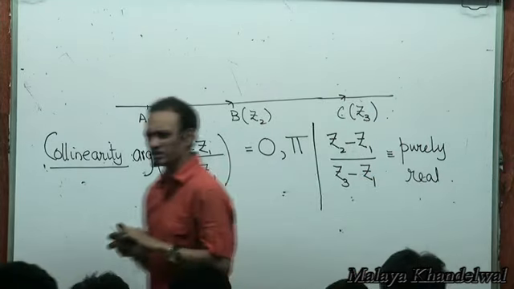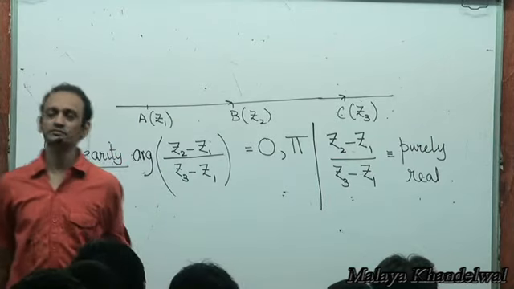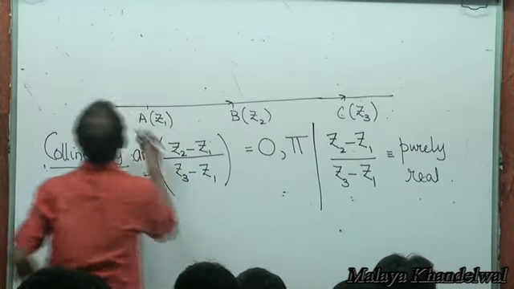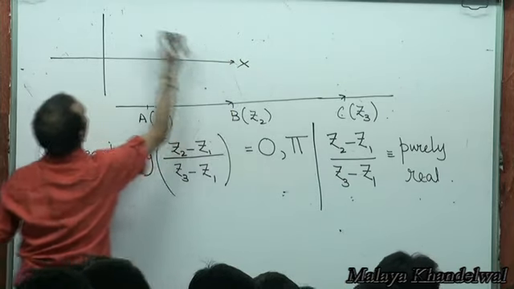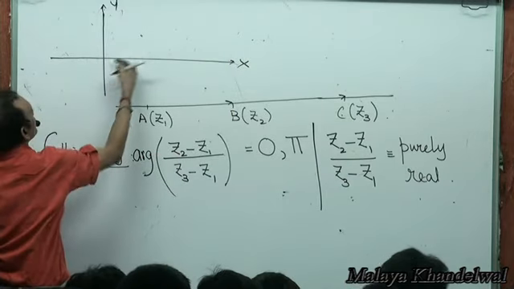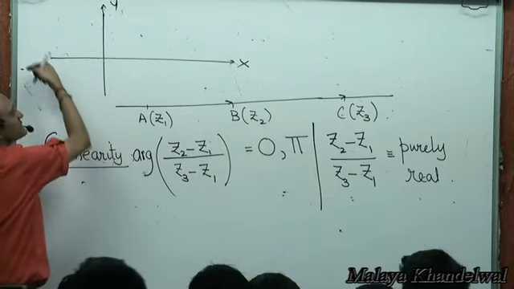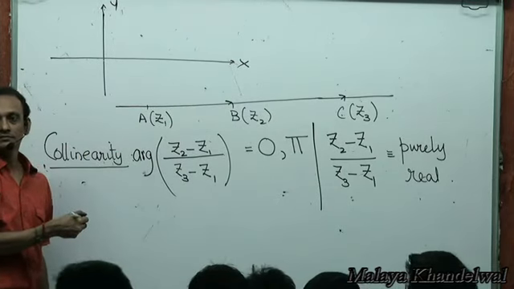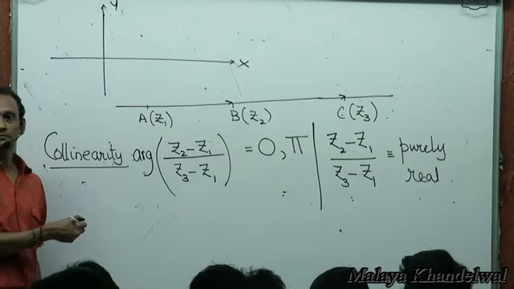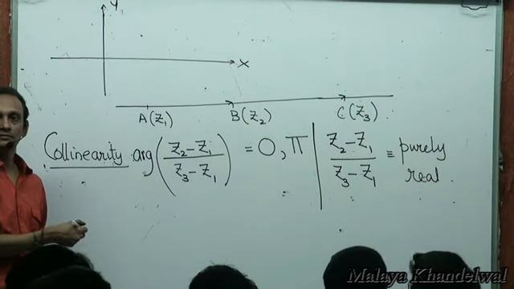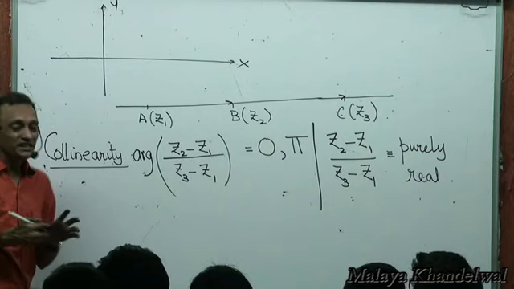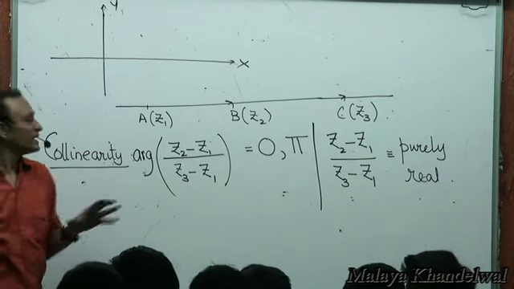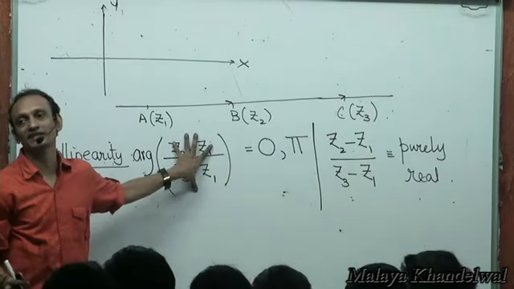I hope all of you understand this. No, very simple. See, if a complex number lies on the x-axis, these points don't lie on the x-axis. I'm saying this complex number lies on the x-axis.